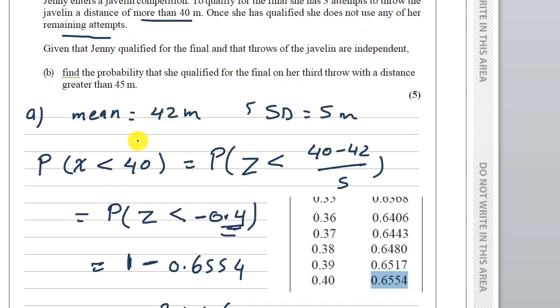Given that Jenny qualified for the final and that the throws of the javelin are independent, find the probability that she qualified for the final on her third throw, with a distance greater than 45.